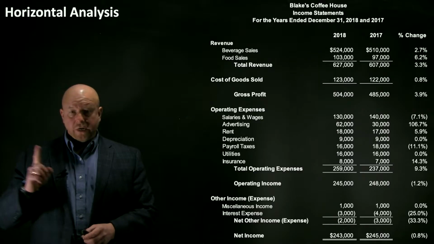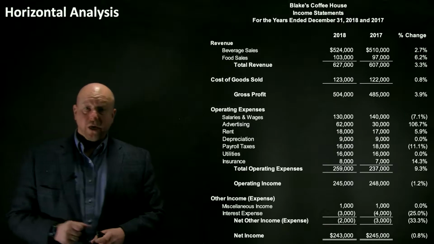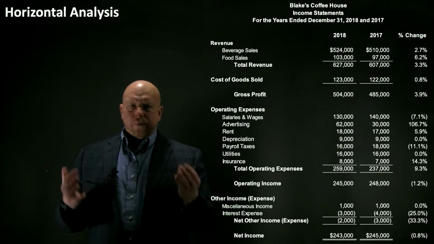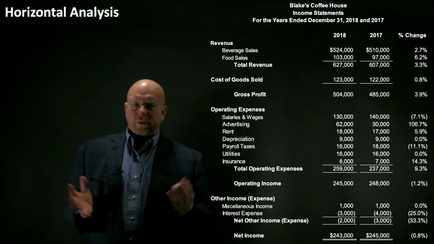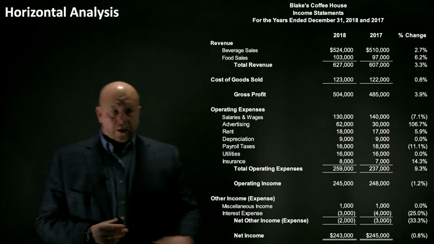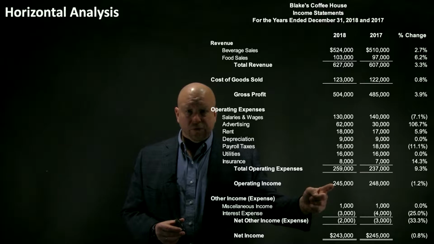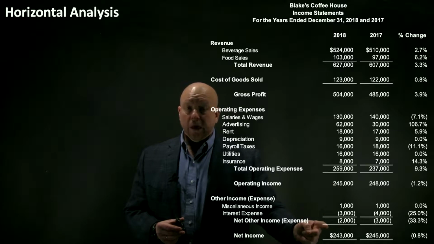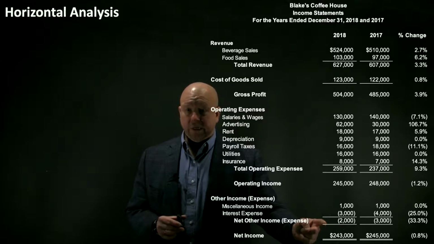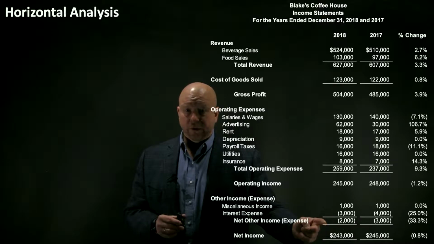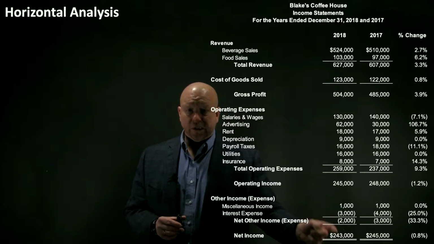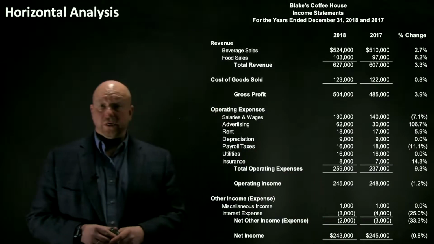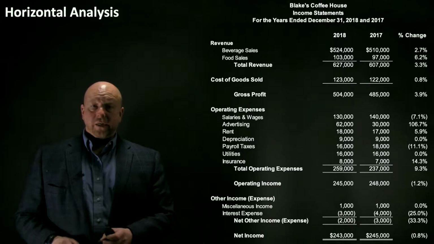Well, I should say one non-operating expense, which is interest, and then a non-operating source of income, miscellaneous income. If you combine the operating income of $245 with the other income, which is actually an expense because the interest expense is the bigger of the two, $245 minus 2 is $243,000, bottom line net income.